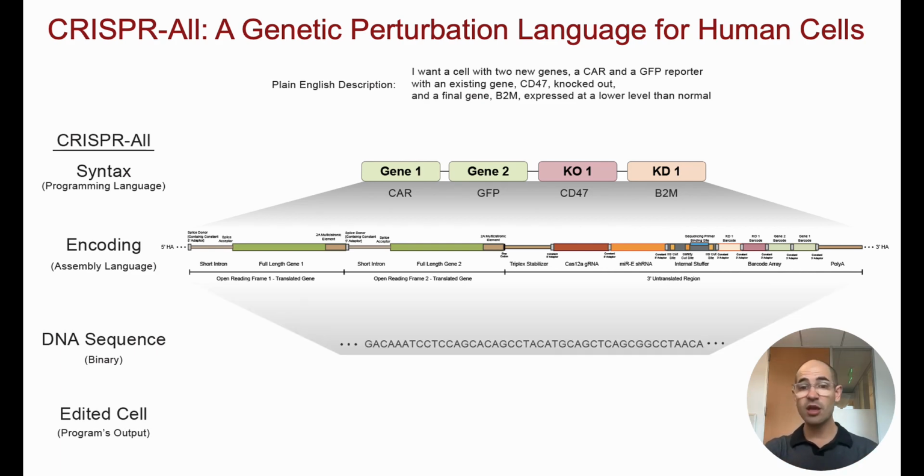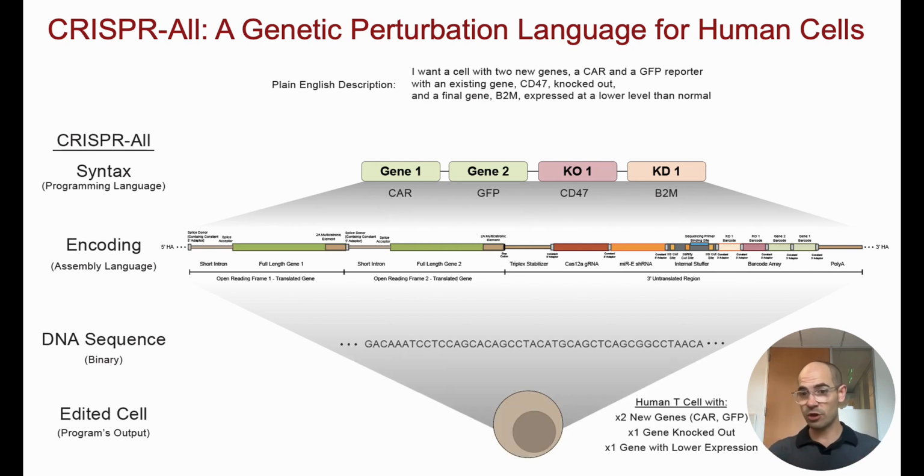And so that encoding converts directly into a DNA sequence, which then if you integrate that sequence into your cell, and we do it by electroporation with a targeted knock-in, but you can do it by other methods as well, gives you a cell that has the desired changes that you want without you having to know all of the intermediate steps.